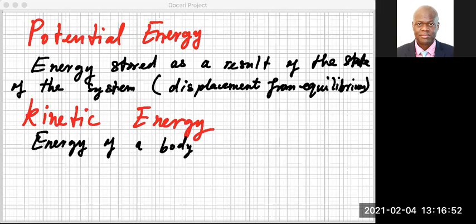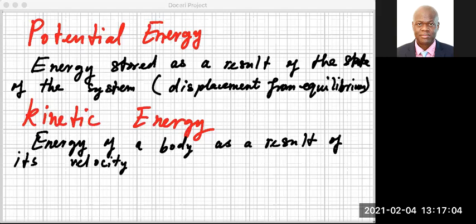So energy of a body as a result of its motion or its velocity. Velocity is the rate at which the displacement of the object is changing. So if an object's displacement is changing, then it has a velocity. If it doesn't have a velocity, if it's standing still, then it has no kinetic energy, because kinetic energy depends on the velocity of the object.